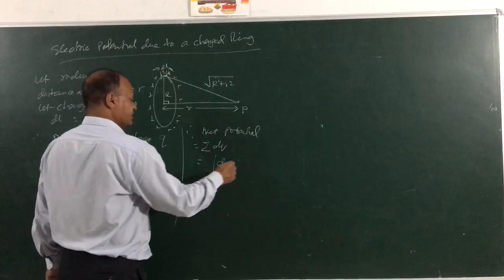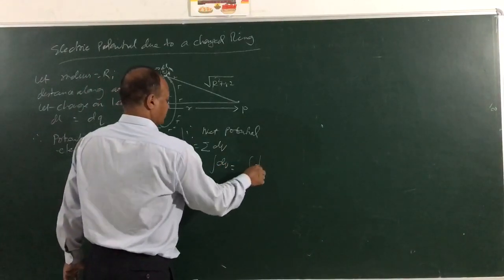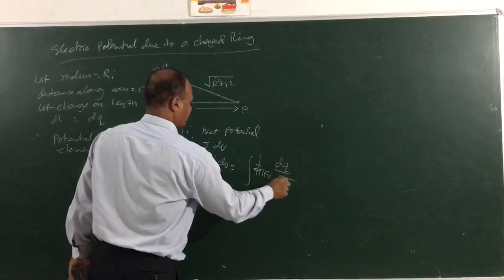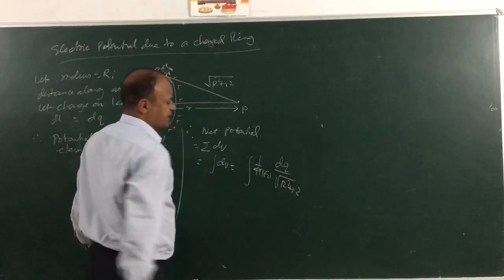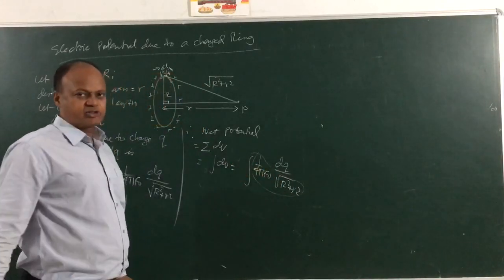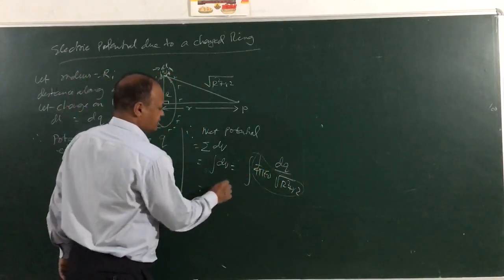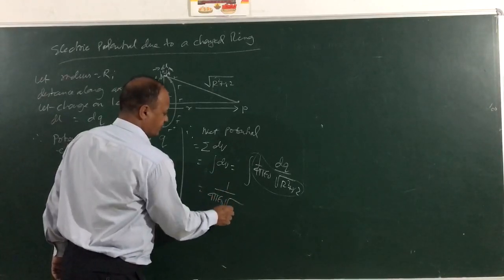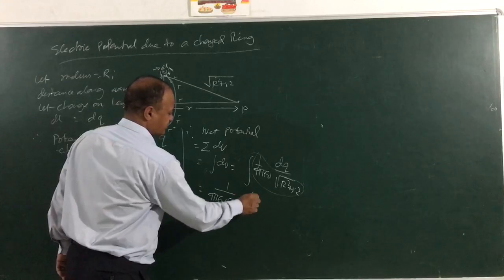So I will be integrating 1 by 4 pi epsilon 0, dq by root over R square plus small r square. Like I said, this whole thing will be constant. So you can say 1 by 4 pi epsilon naught root over R square plus r square, integral of dq.